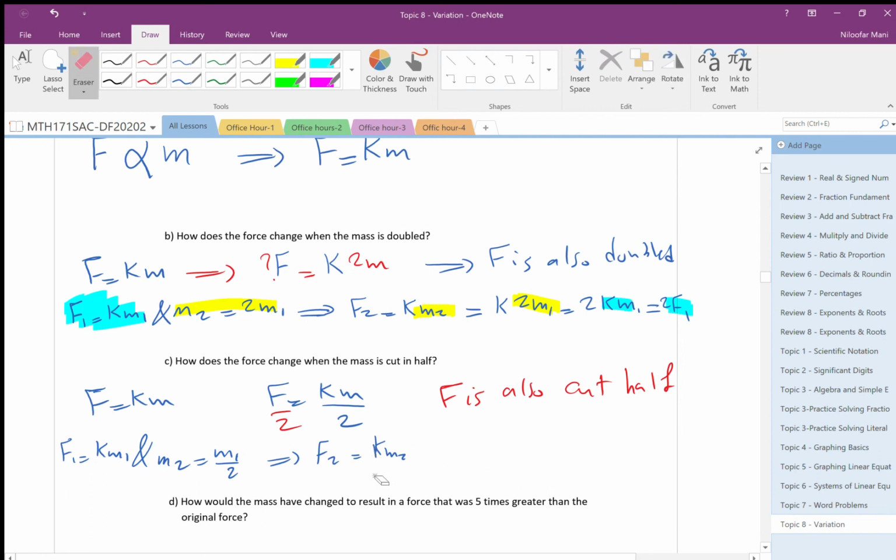What is M2? It is M1 divided by 2. So F2 is Km1 divided by 2. What is Km1? F1. So F2 is F1 divided by 2. Yes. So what did I use here? Here I use this, and here I use this. This is mathematically.